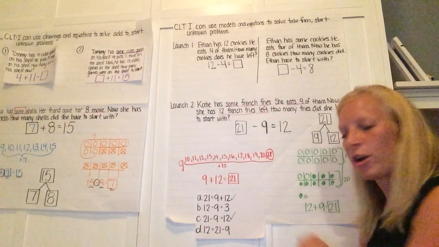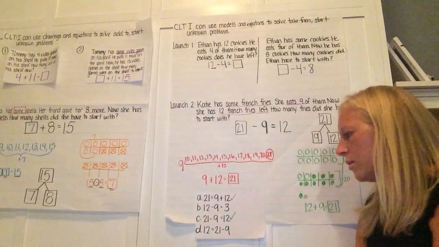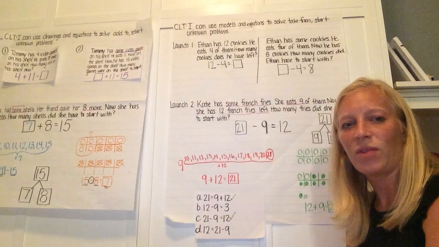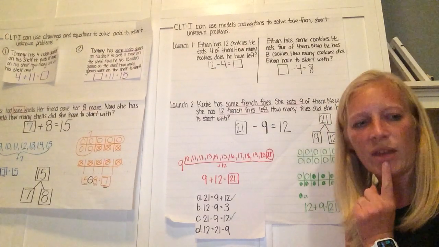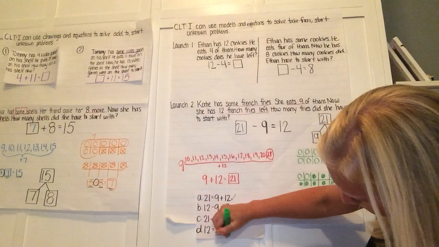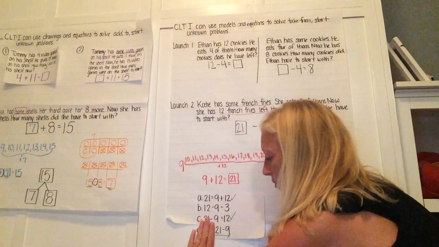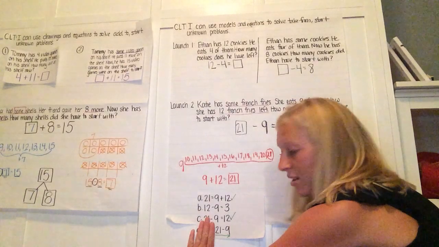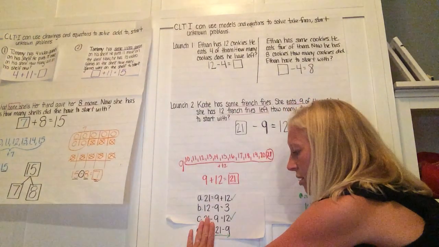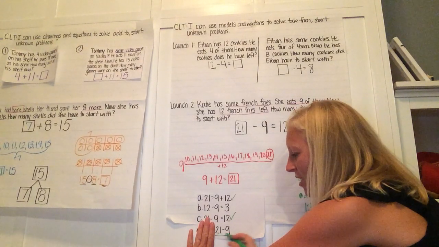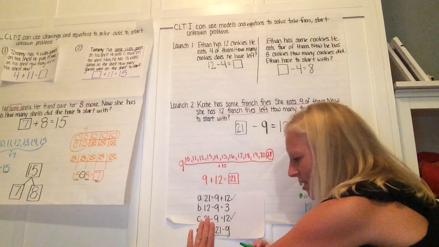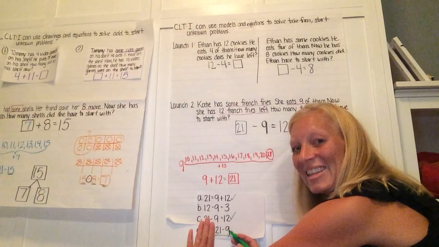Tell me why this one doesn't work. 9 minus 21 equals 12. It doesn't equal 12, does it? Can I challenge you to think about something? If I look at this side and I read an equation, if I cover up my equal sign, I read it from this side to this side, like when I read a book, left to right, what do you notice? 21 minus 9.